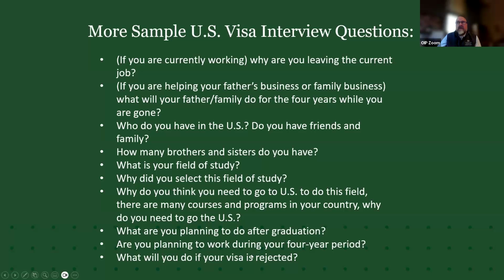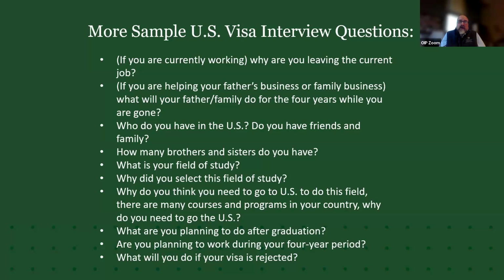And then, what will you do if your visa is rejected? I think this one's a good one to have a solid response to as well. What's your plan B? Have you applied to other countries? Have you been admitted to a university in your home country? That kind of thing. Maybe your response is, "If my visa is rejected, I'll try applying again because I really want to study in the US."